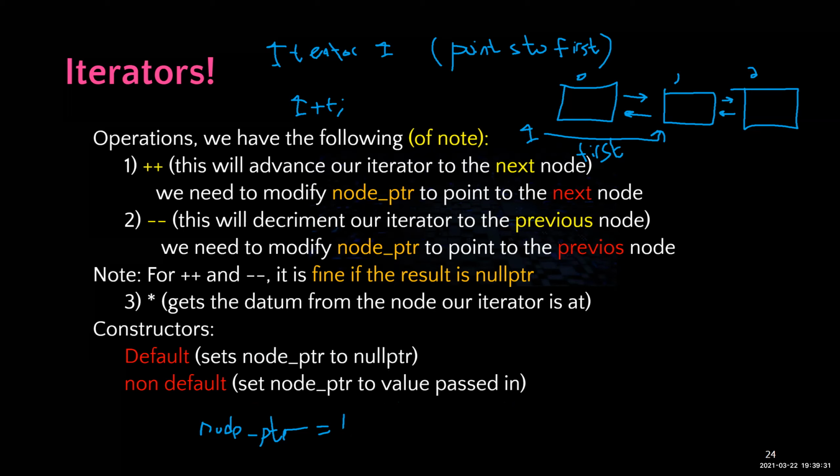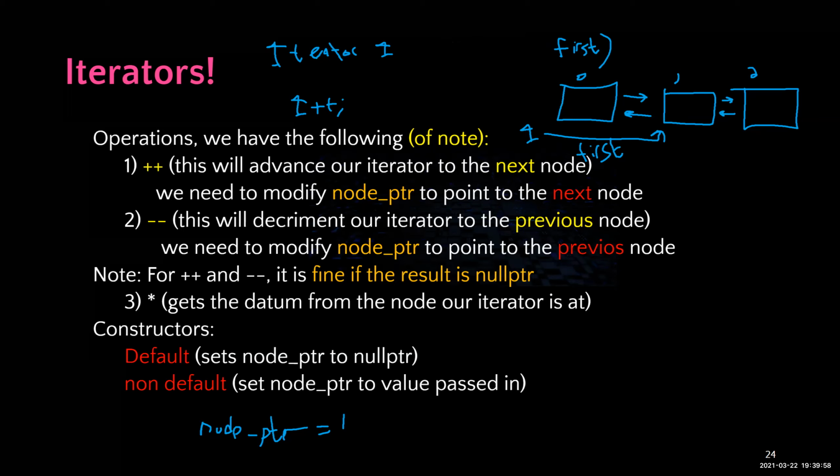Because there I'm saying, I want this iterator to hold the node pointer of this node right here. As opposed to my default, if I said iterator I, that's going to point to null pointer. And then if I pass in first like this, so iterator I, I'll say first, right?